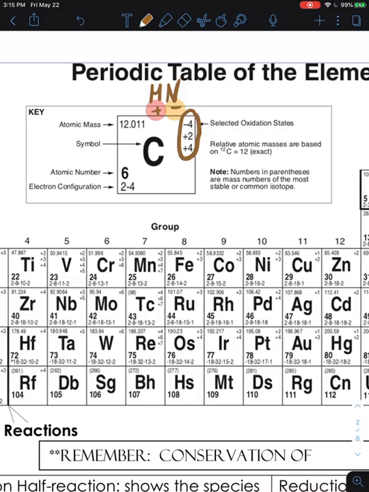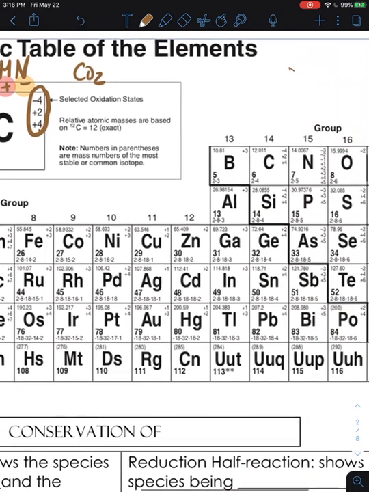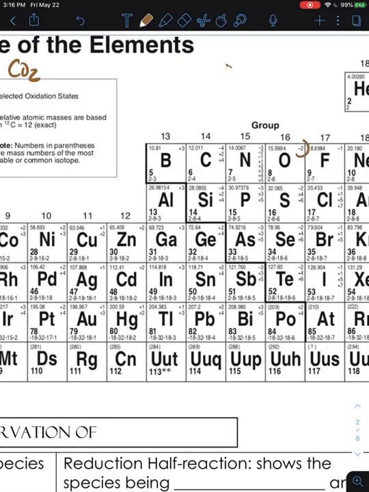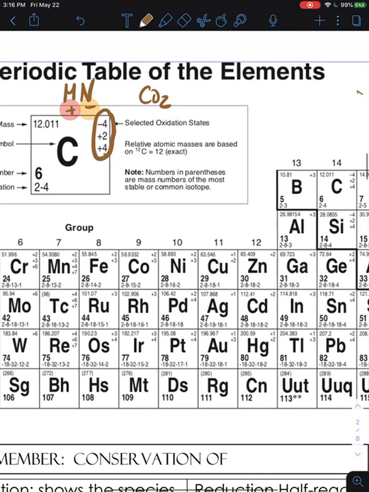Okay, so in the case of having carbon first, so let's say we have carbon dioxide, that carbon would have to be either a +2 or a +4. And in the case of oxygen, that's going to be a -2. So we could actually solve this now. So let's do that. We have carbon dioxide. We have a -2.